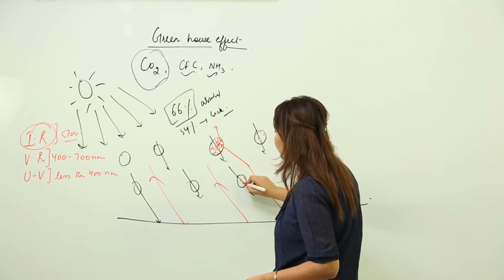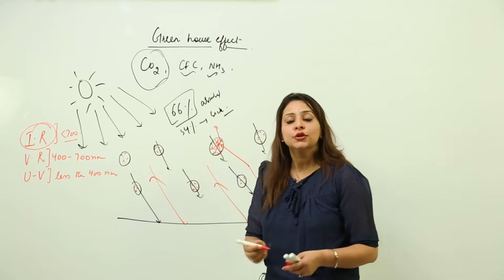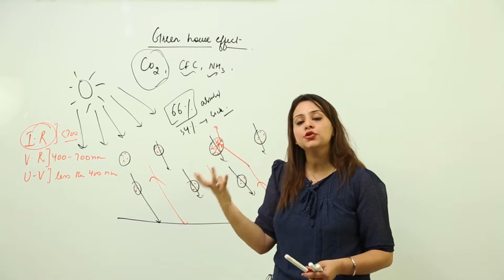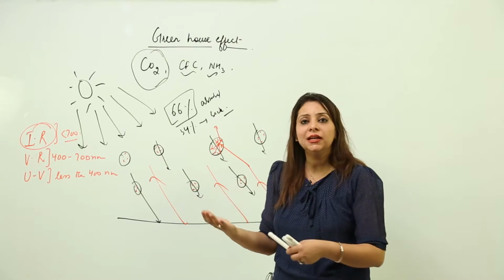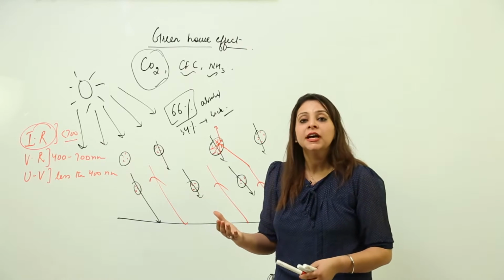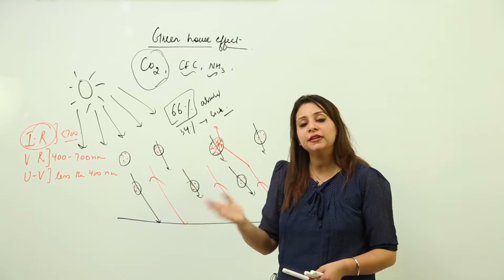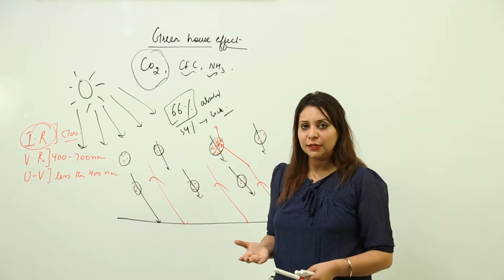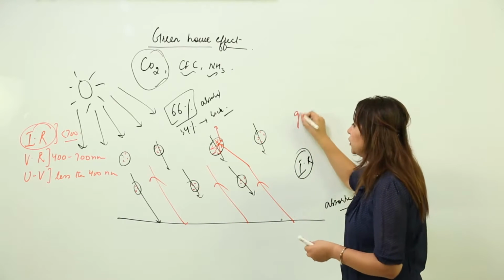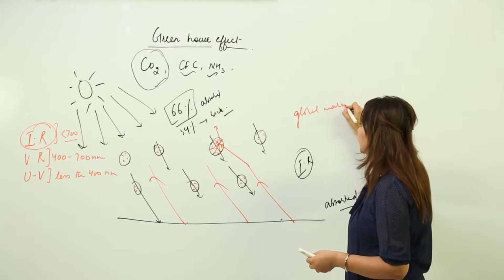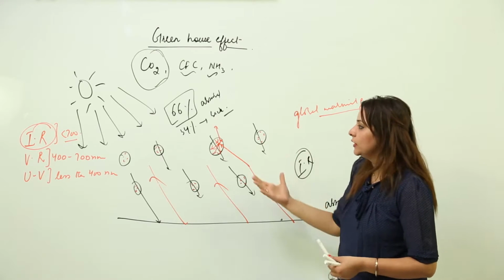As we know, infrared radiations cause a heating effect, so when they are trapped by the CO2 molecules in the atmosphere, they increase the temperature of the earth. This is what we call global warming.